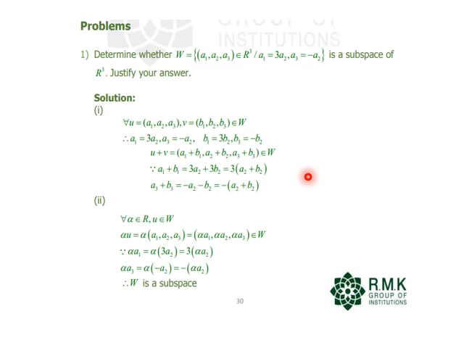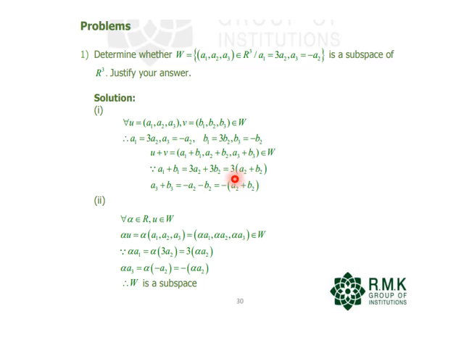Now if this u plus v should be an element of W, then it will satisfy this condition. So let's check. The first one, a1 plus b1 should be equal to 3 times the second component, a2 plus b2. But what is my a1? My a1 is 3a2 and b1 is 3b2.